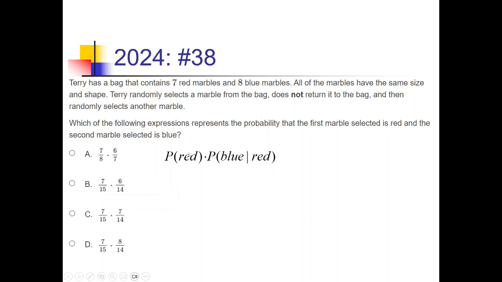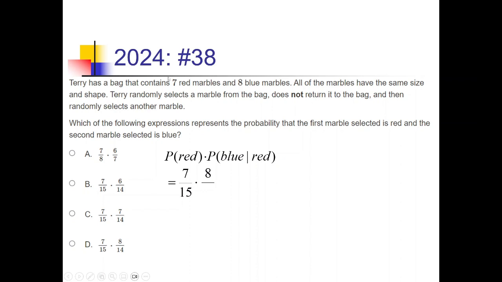So for the probability of a red marble, there are 7 red marbles and 15 marbles total, so 7 out of 15 gives us that first red. Next up, the probability of a blue marble. Since we haven't drawn a blue marble yet, there are still 8 of those available to draw, so that's our numerator. But now how many marbles are left for the denominator?